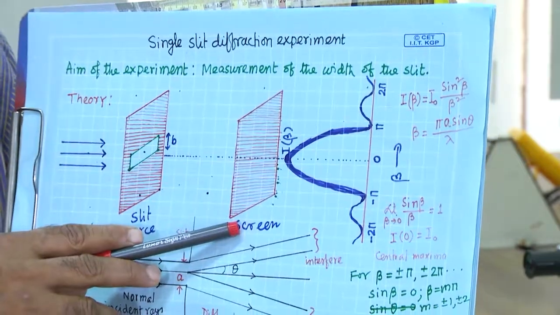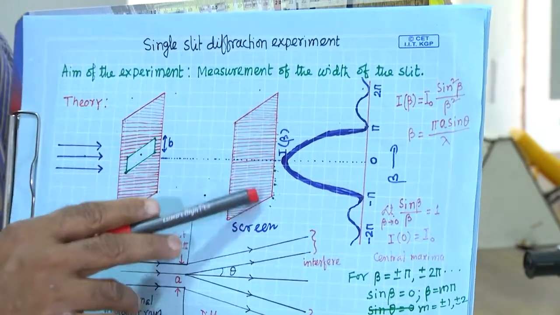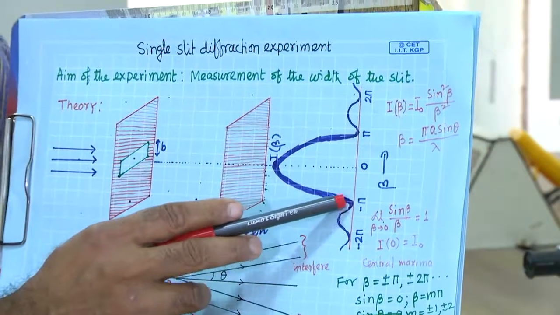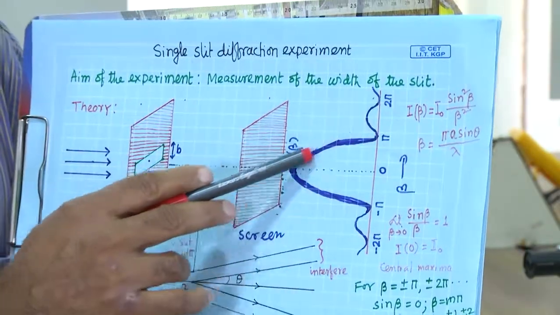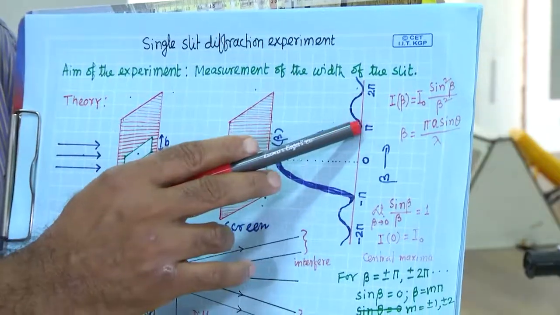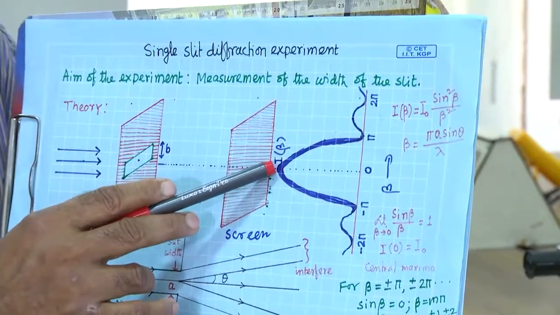The diffraction pattern we will see on the screen is like this. This is basically the intensity variation on the screen.